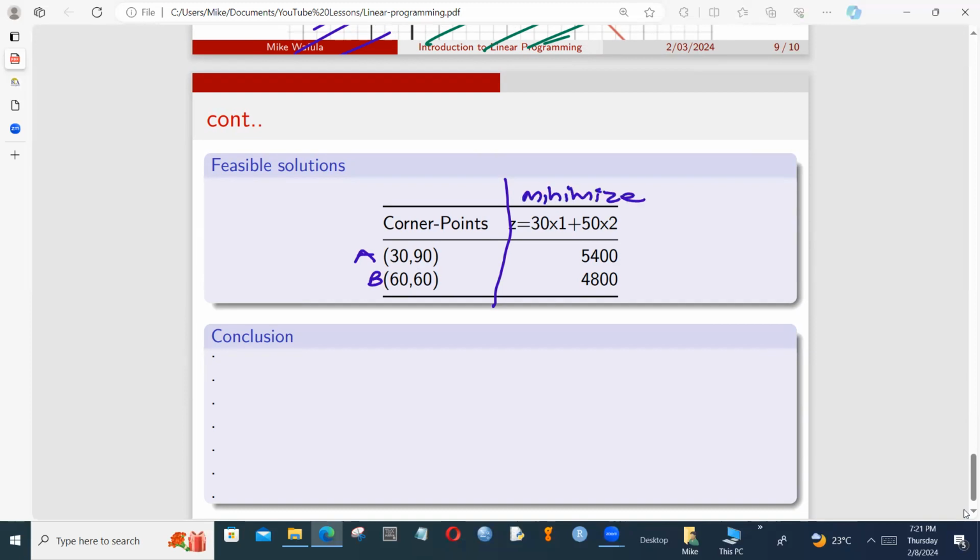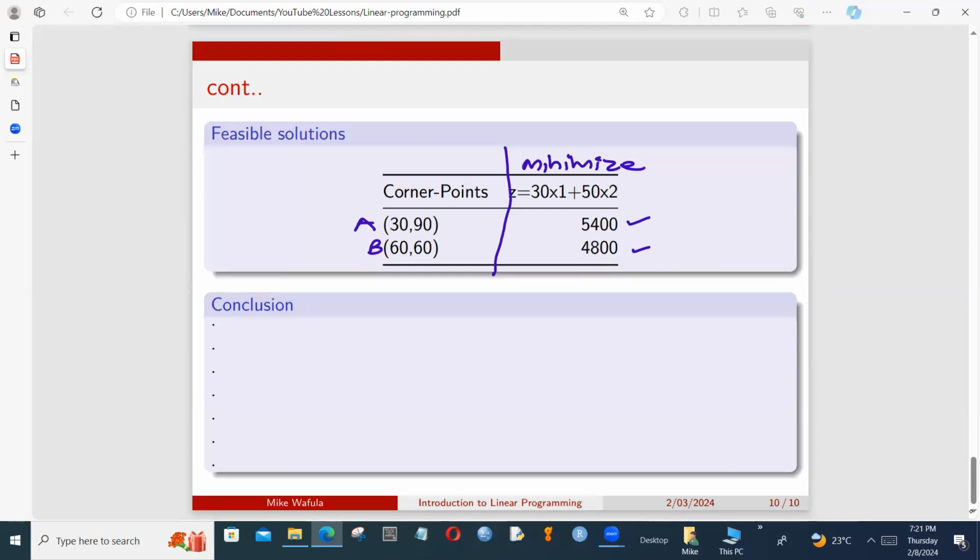To minimize that, we substitute again these coordinate points in the objective function. Point A gives us a figure of 5400. Point B gives us a figure of 4800. Remember, the objective here is to minimize the cost of displaying. So the minimum cost of displaying cameras and laptops is actually 4800.